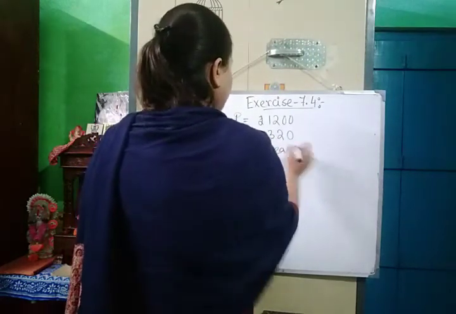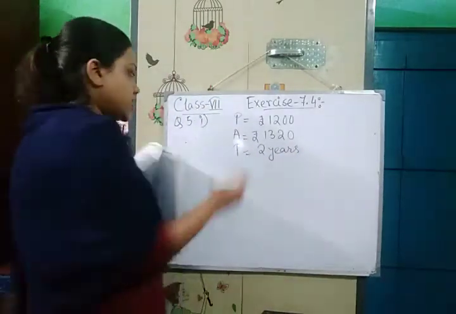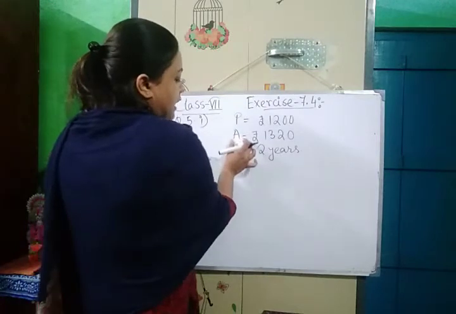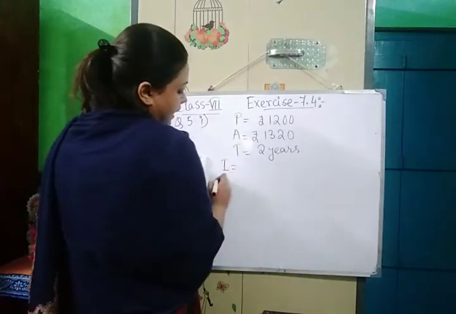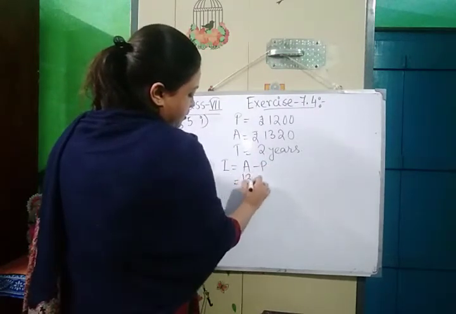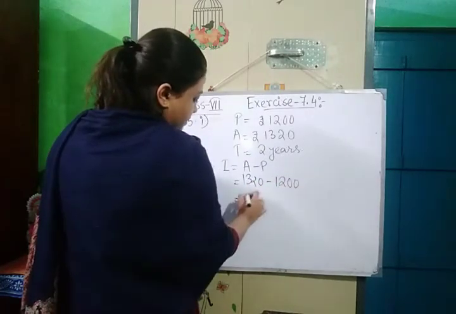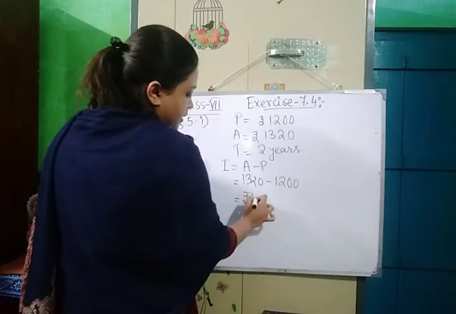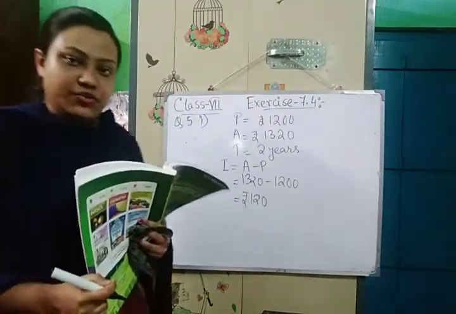So we have to find out the rate of interest, but we don't know the interest. How can we find out the interest? Amount minus principal equals interest. So interest I equals A minus P. That means 1320 minus 1200, that means rupees 120. Rupees 120 is the interest.